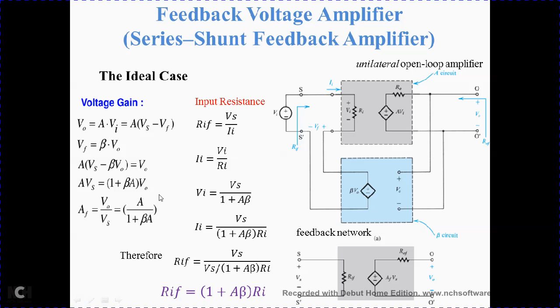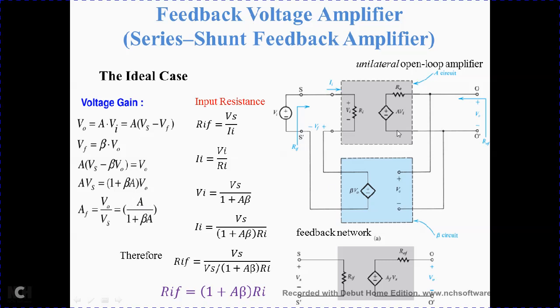We are familiar with this equation from earlier also, right? A by 1 plus A beta. The gain of a feedback amplifier is decreased by a factor of 1 plus A beta compared to the open loop gain of the amplifier, that is A.